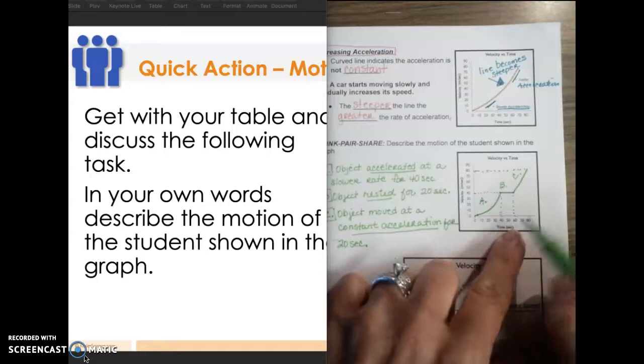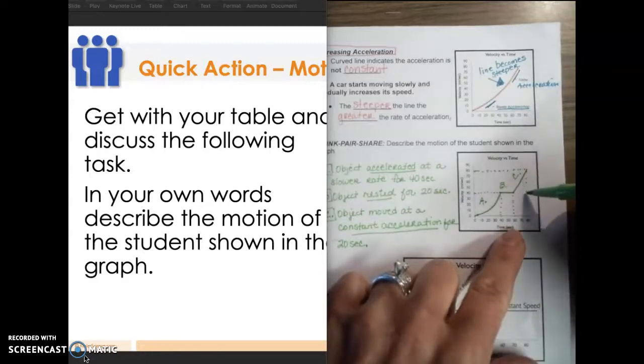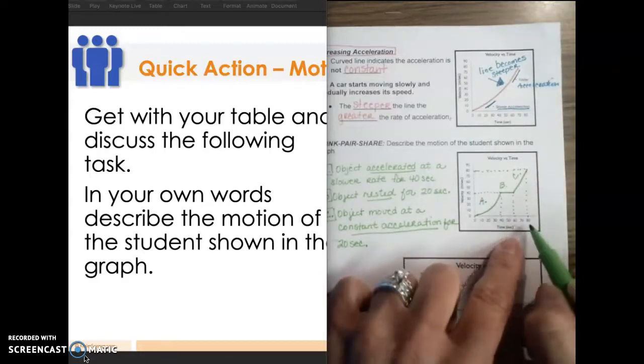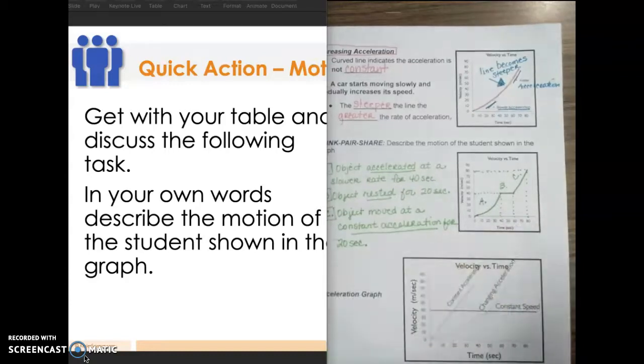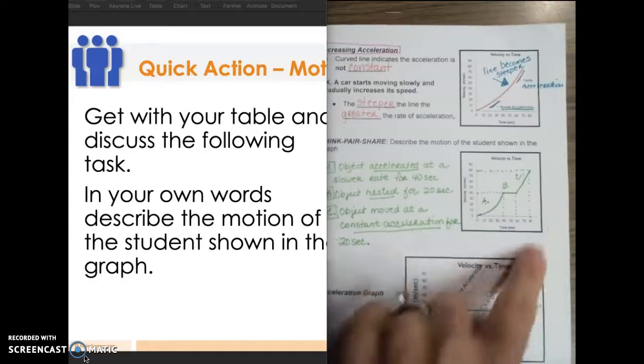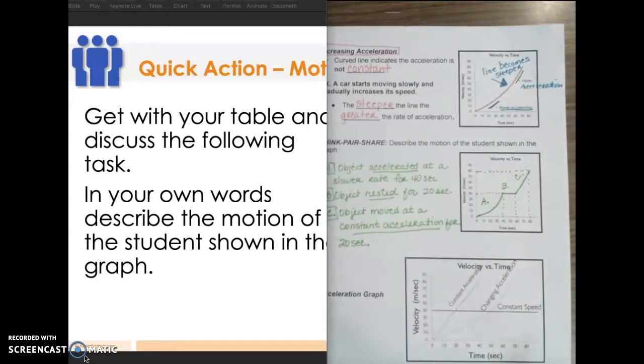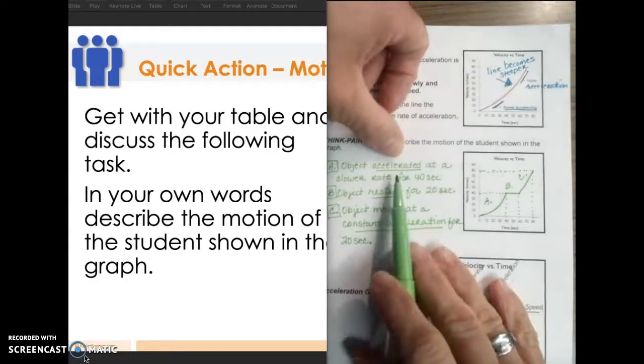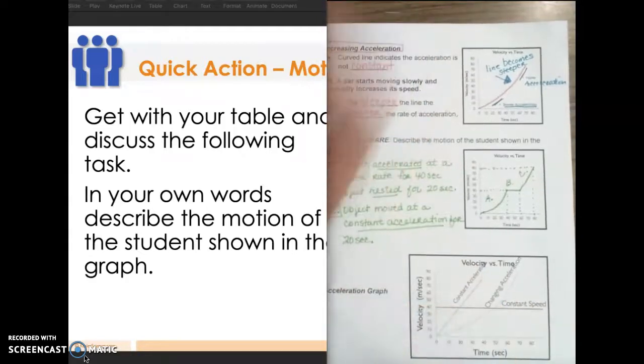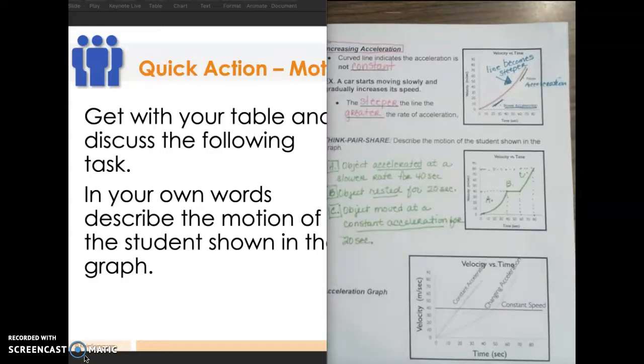So we started accelerating at 60, and then if you kind of come down, it stops at 80 seconds. So I'm going to say that right here, the difference between 60 and 80 is 20 seconds. So we're going to say it went on for 20 seconds, and that's when we stopped recording the object's motion. Okay, so this is what you should have, and the words that we are looking for here are accelerated, rested, and constant acceleration for that one right there.